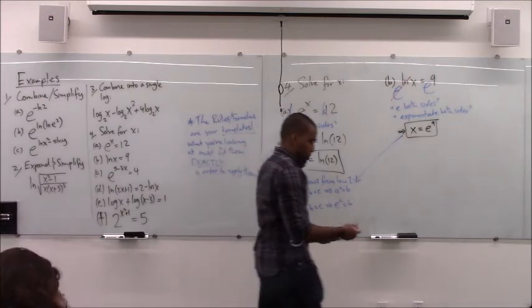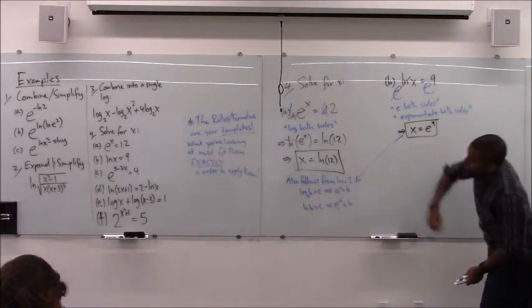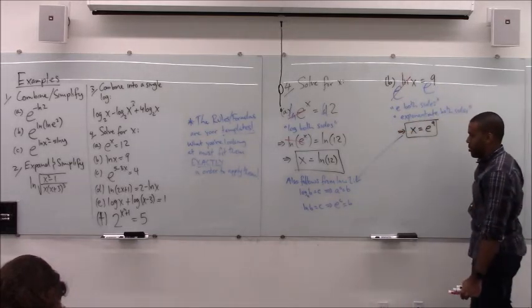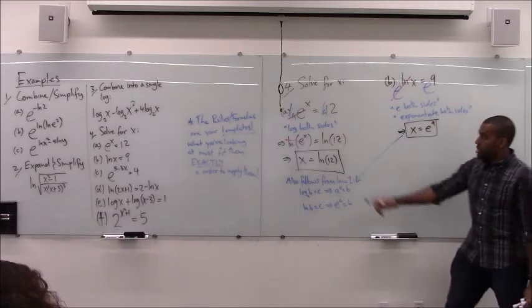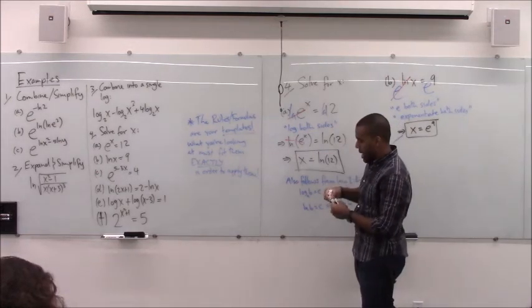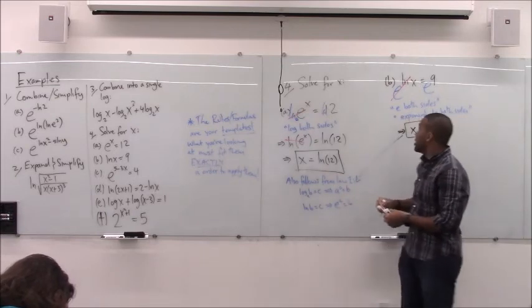But the idea is you can use logs to kill exponentials, you can use exponentials to kill logs. That's something that you want to think about. So if you have an exponential, you can log both sides, just use the same base. I use ln specifically because ln has the base e, and this is a base e.